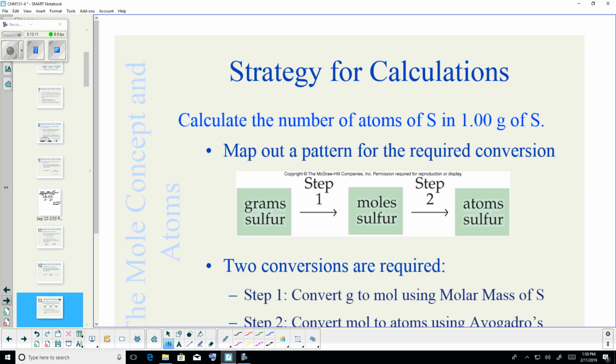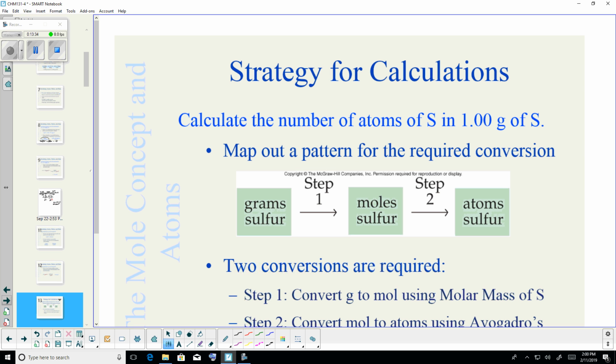Calculate the number of atoms of sulfur in 1 gram of sulfur. Well, I know the relationship between particles or atoms and moles. 1 mole of anything contains 6.022 times 10 to the 23rd.